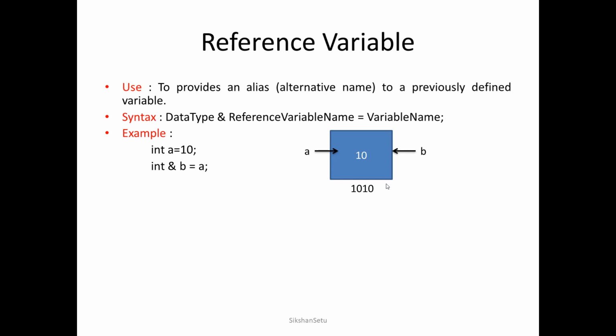Let's take 123. So 123 is the unique identification number given to that student. Now the student can be identified by two different names: one is XYZ and the other is 123.